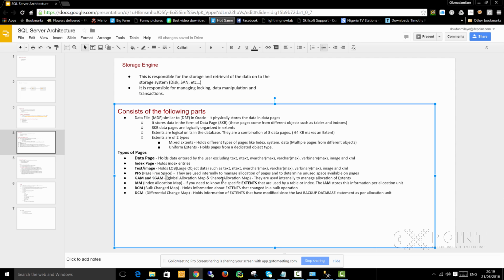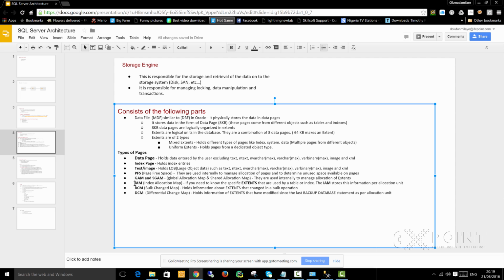Generally, both of them internally manage the allocation of extents, but they still have individual work they do. I'm not sure about that, so that's why I didn't write it down here. But in the course of time, if I get any information about that, I can let you know, and we can all learn together.